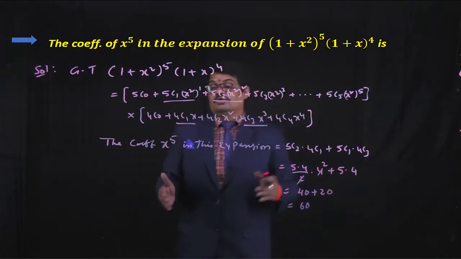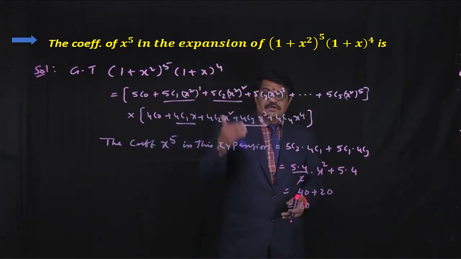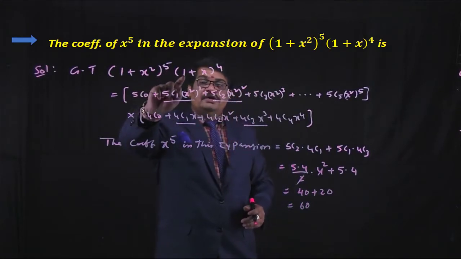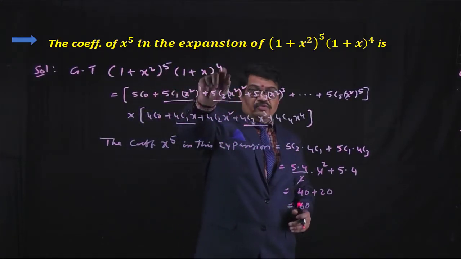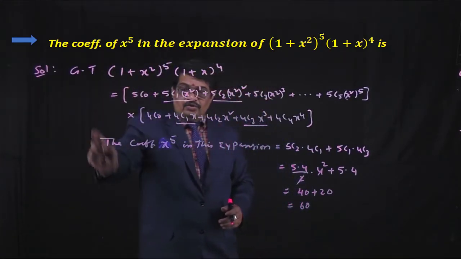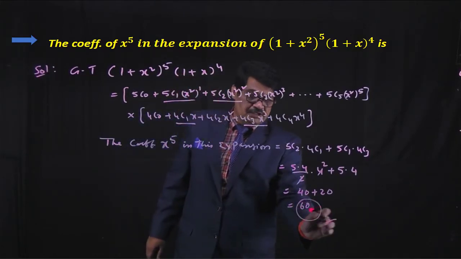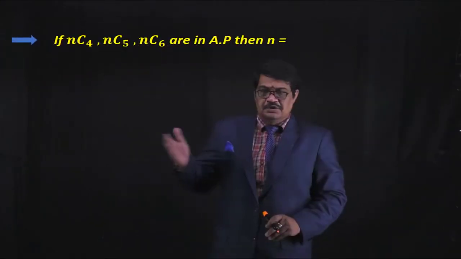So the coefficient of x to the power of 5 in the expansion of 1 plus x square whole power 5 into 1 plus x whole to the power of 4 is 60.